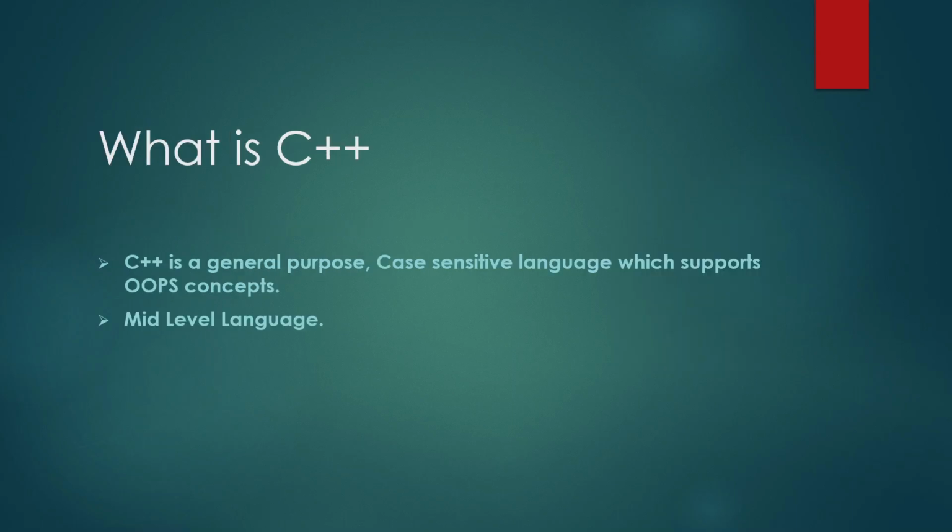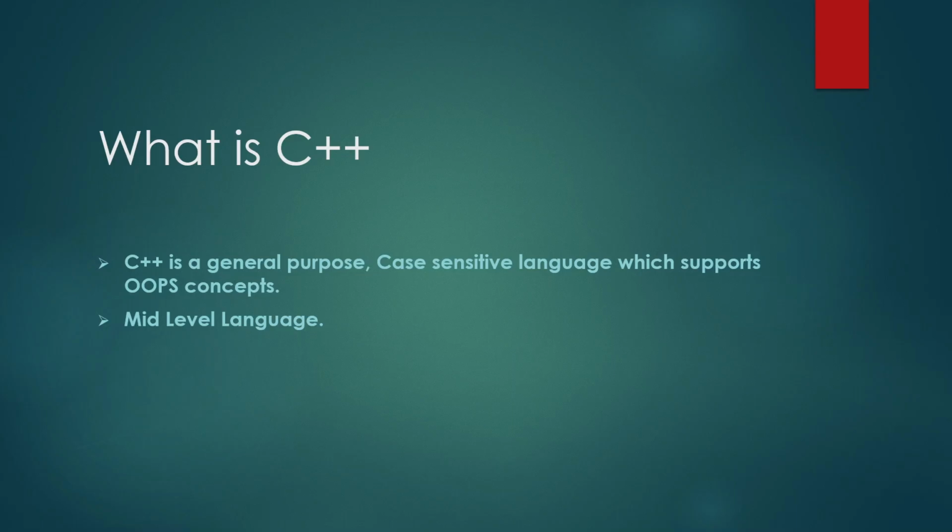So our next topic is what is C++. C++ basically provides the advanced concepts of the C language. C++ is a general purpose, case sensitive, free form programming language that supports object oriented, procedural and generic programming.